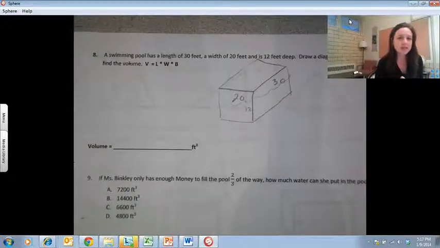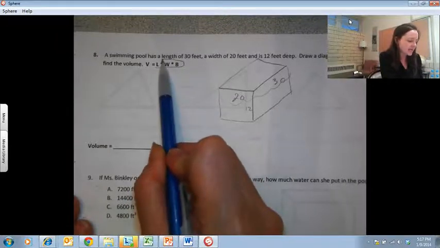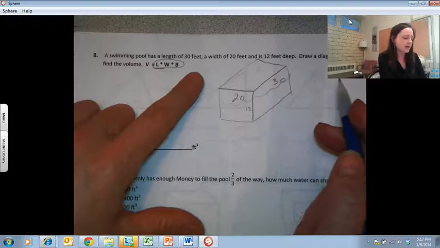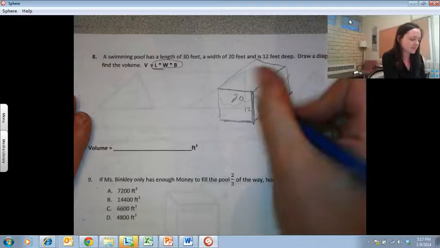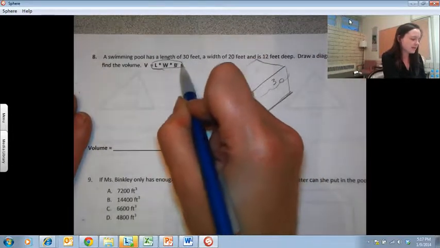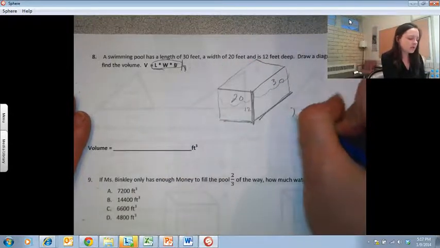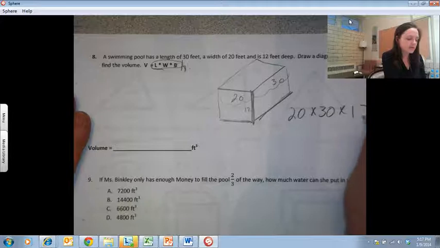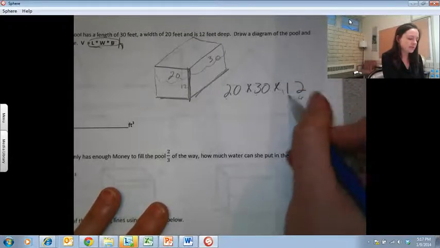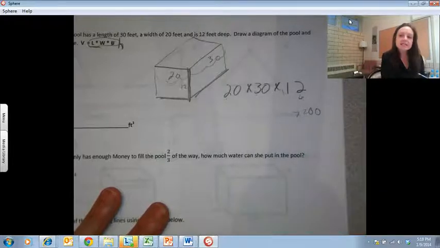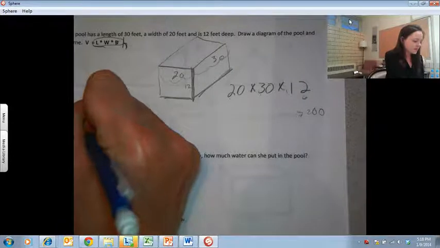So to find the volume, it gave you how to find the volume: the length times the width times the height. So we're just going to do these three numbers, 20 times 30 times 12. 20 times 30 times 12 is going to be, let's see, 2 times 3 is 6. 6 times 12 is 72, add my 2 zeros, 7,200 feet cubed.